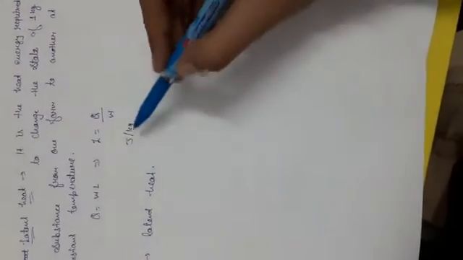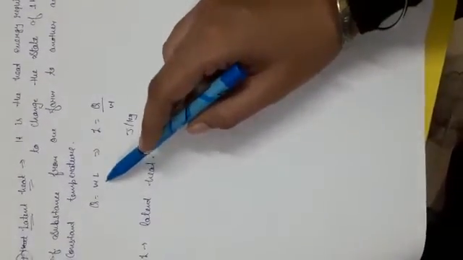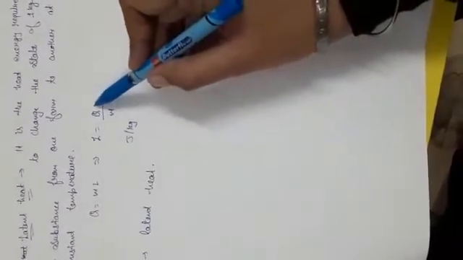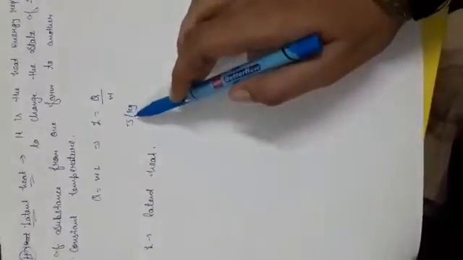Latent heat. अब latent heat किस पे depend करेगी? The amount of heat which we are giving per unit mass. So L is equal to Q upon M. We can write Q is equal to M into L, where Q is the heat energy, M is the mass, and L is the latent heat. So the unit for latent heat is joule per kilogram.